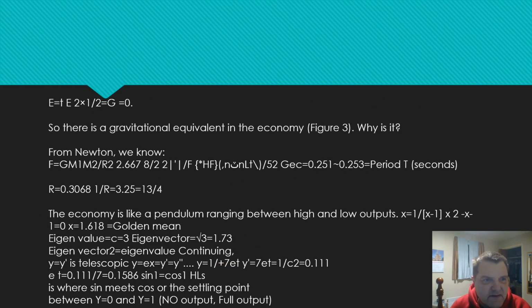So E is equal to T. 2 times a half is equal to G is equal to 0. So there's a gravitational equivalent in the economy. From Newton, we know that F is equal to G m1 m2 divided by r squared. So the force is equal to 2.67 times 8 over 2.